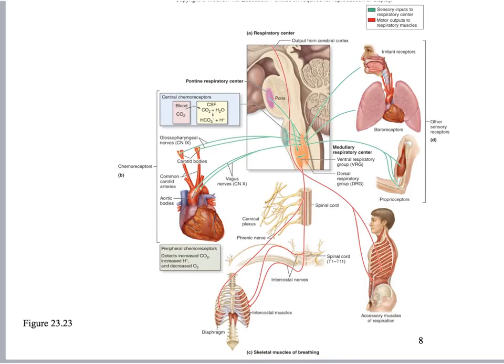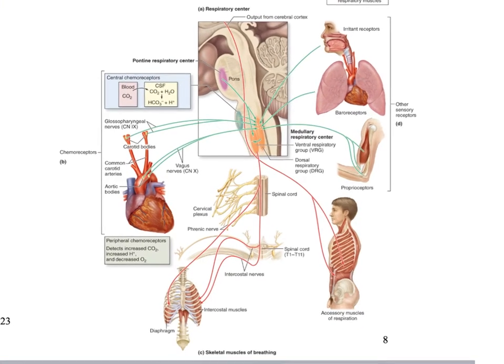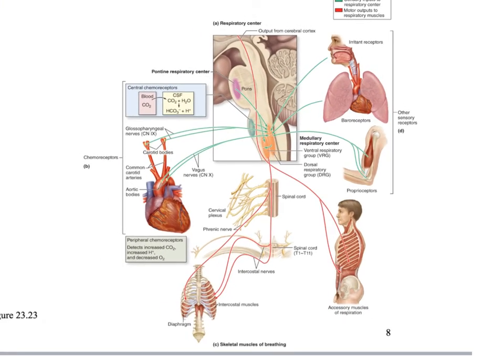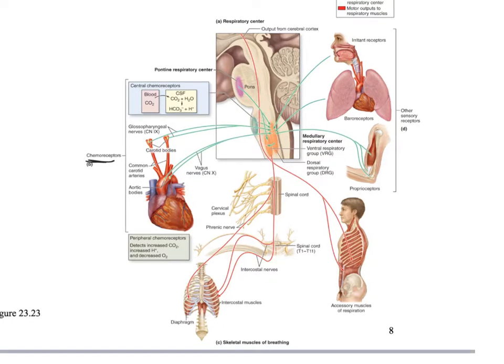Okay, so here's the neural control. We have these chemoreceptors. We're going to talk about these in a second. Chemoreceptors sense chemicals. In this case, they're sensing CO2 and oxygen in different areas. So they're looking at the aortic bodies, in the blood, and they're monitoring CO2. In this case, in the cerebrospinal fluid, and we'll talk about that in a second.